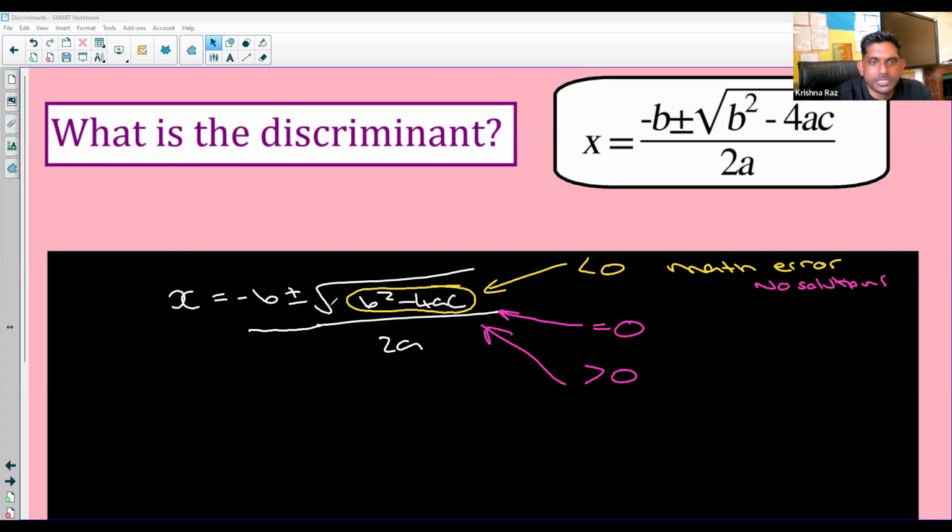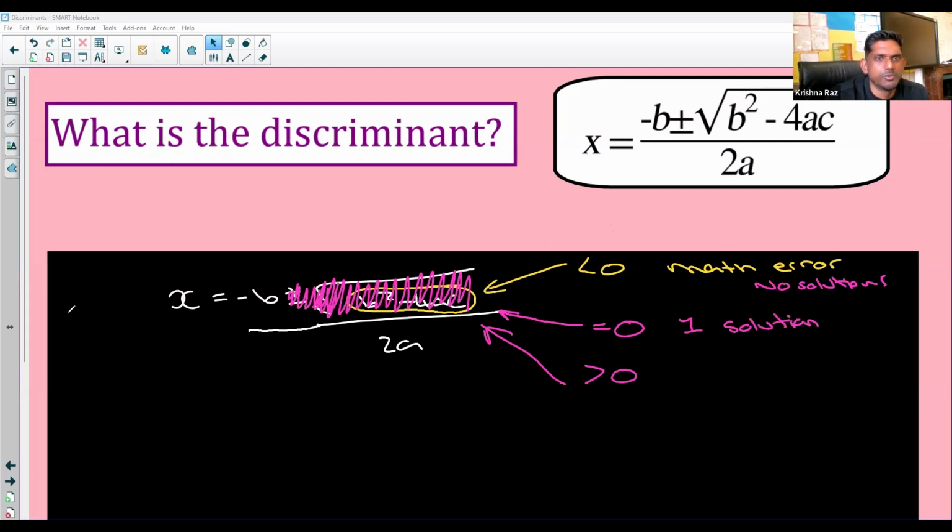When we got this equal to zero, it disappeared. So essentially we get one answer, which is whatever minus b over 2a was. So when the bit under the square root was equal to zero, we had one root or one solution.